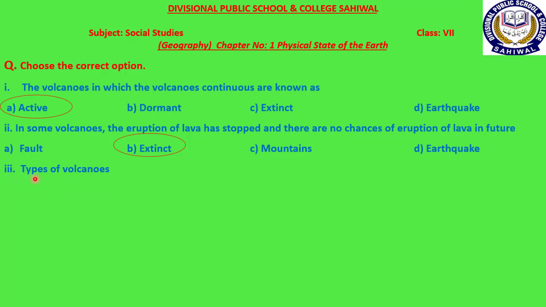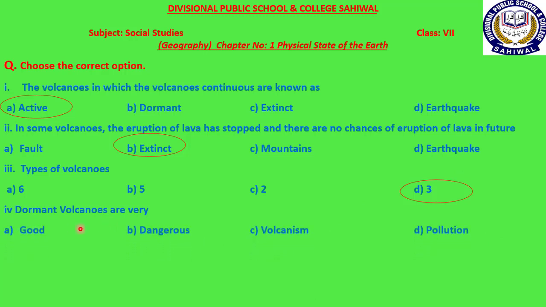Number 3, types of volcanoes. A. 6, B. 5, C. 2, D. 3. So which is the correct answer? 3. So types of volcanoes are 3. We have already discussed this in this topic. Number 4. Dormant volcanoes are very A. Good, B. Dangerous, C. Volcanism, D. Pollution.